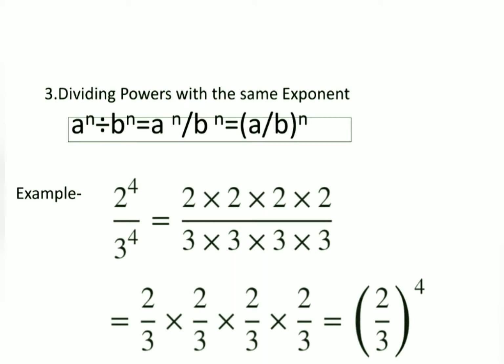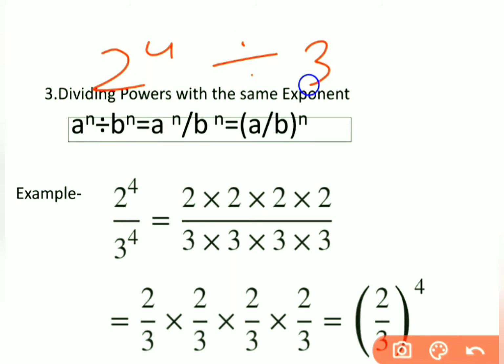We will verify this law by taking an example. Let us divide 2 raised to the power 4 by 3 raised to the power 4. We are taking two different bases and the same power 4, or 2 raised to the power 4 upon 3 raised to the power 4. 2 raised to the power 4 means 2 is multiplied by itself 4 times, and 3 raised to the power 4 means 3 is multiplied by itself 4 times.